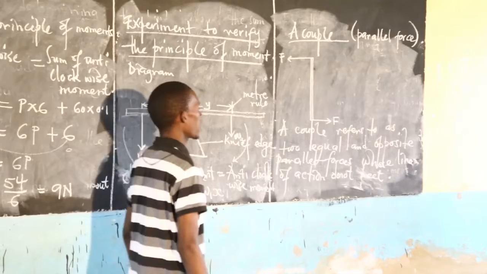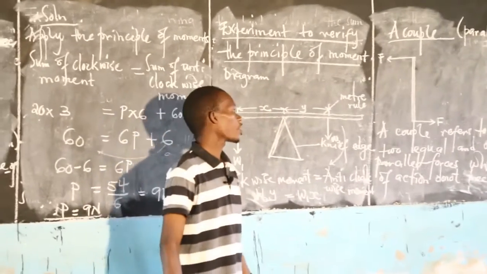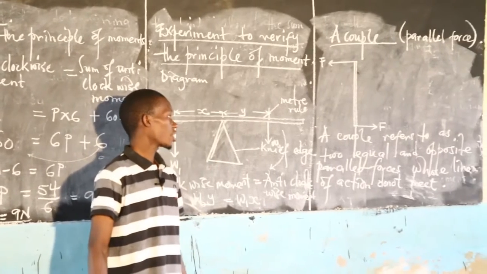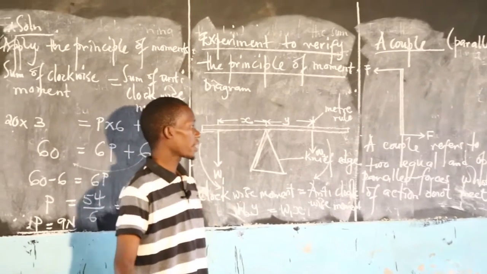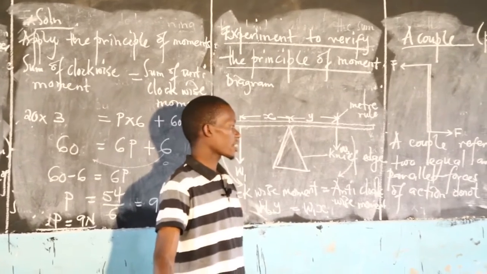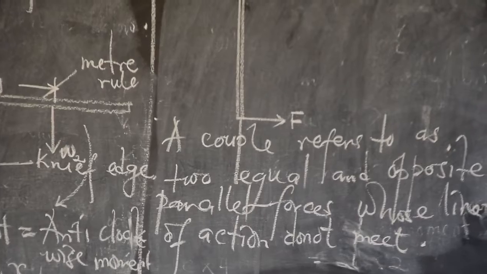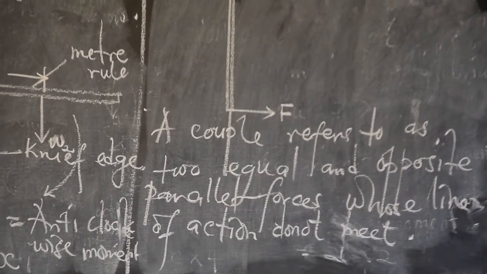They can ask you to define a couple or define a torque. These are two equal, opposite, parallel forces whose line of action do not meet.